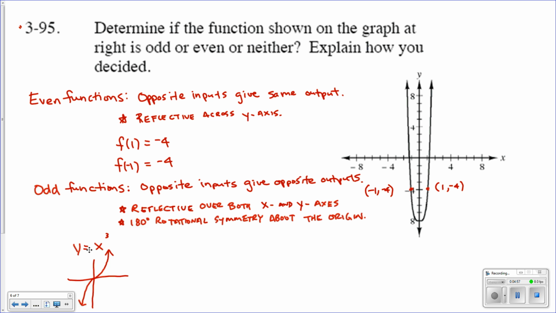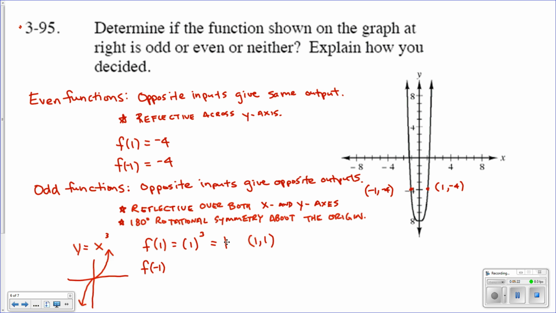Now, if we were to take values and plug them in here, let's look at it as if I was going to plug in 1 and -1 here. So if I put in 1 into the cubic function, I'm going to put 1 cubed. So my output is 1. So I have 1, 1 is my point. If I put in the opposite, remember, opposite inputs are going to give opposite outputs.